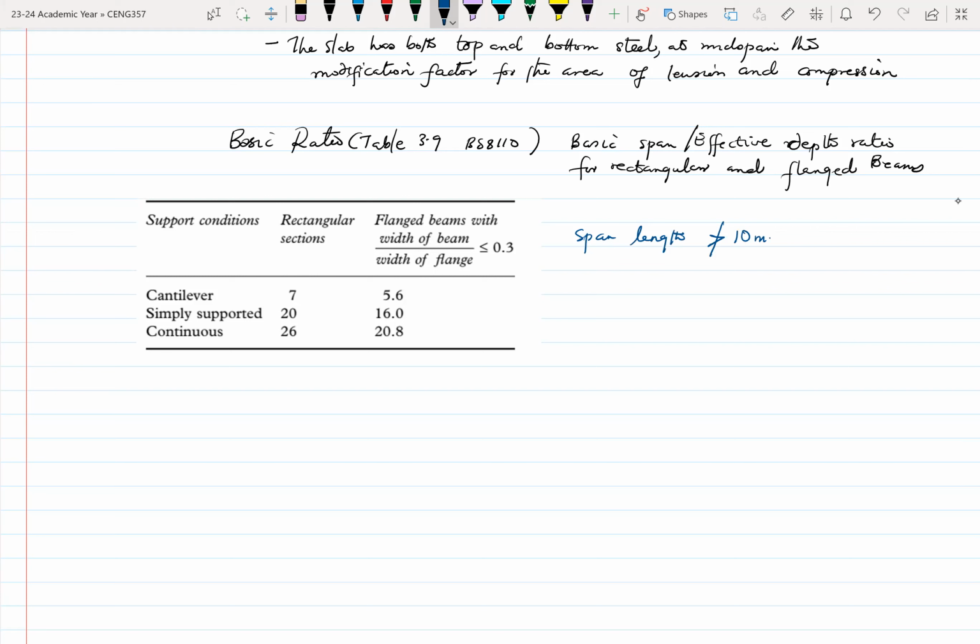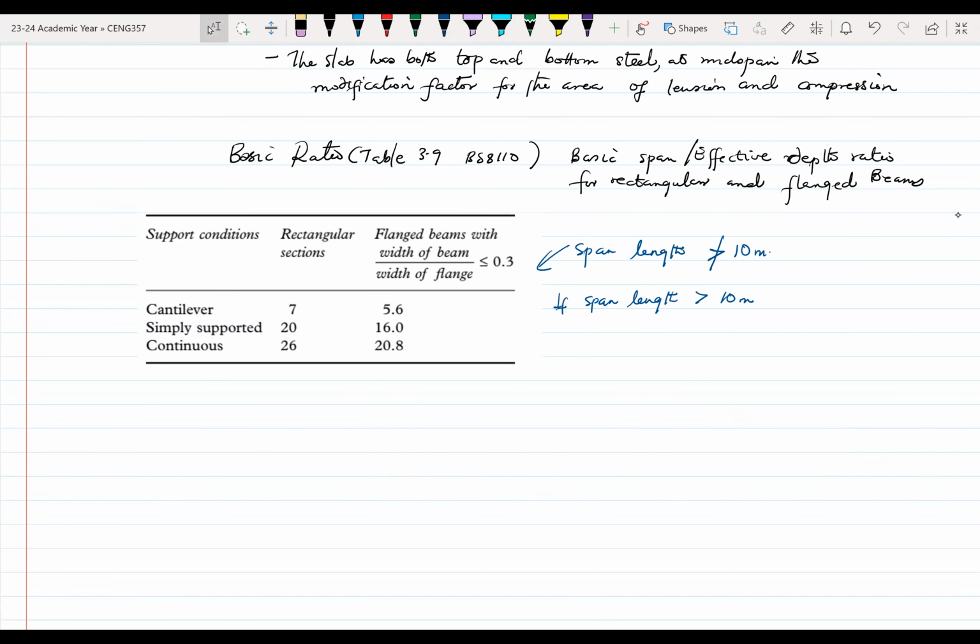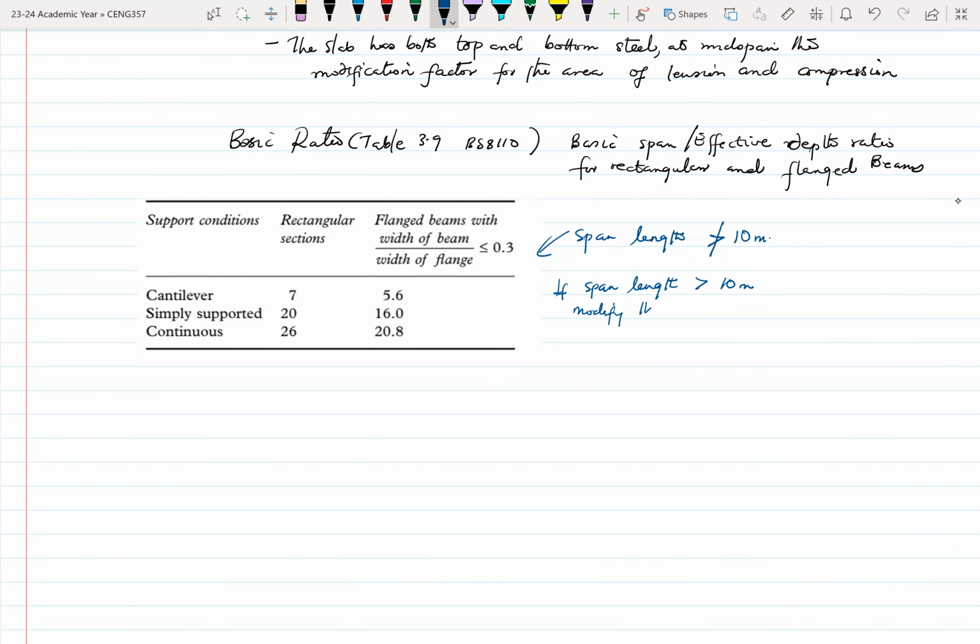So the highest span length that we can use in terms of these modification factors is 10. If span is less than 10, then we use this equation. If the span is more than 10 meters, then modify the basic ratio.